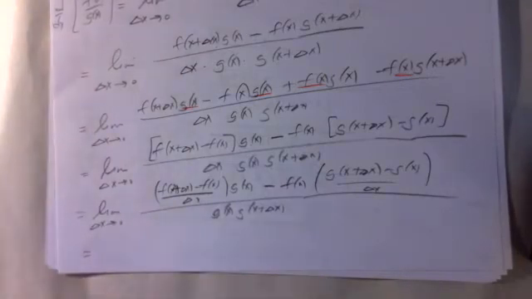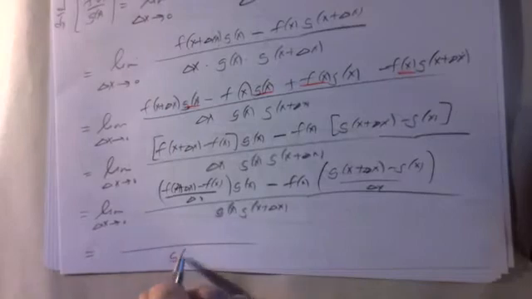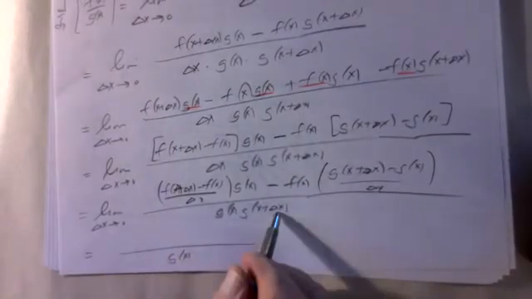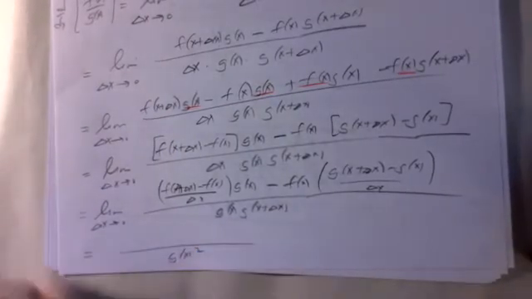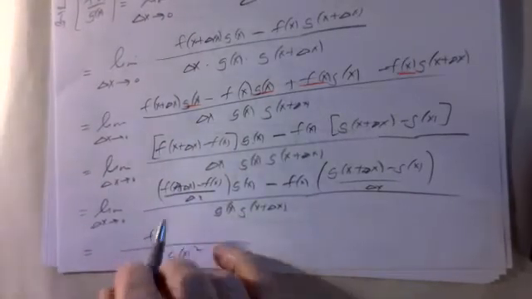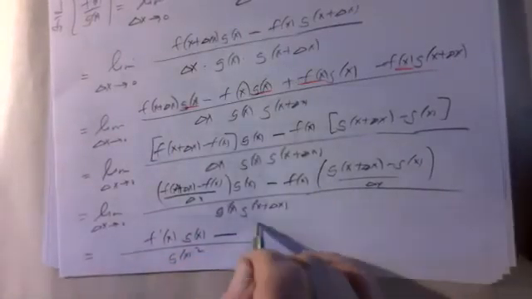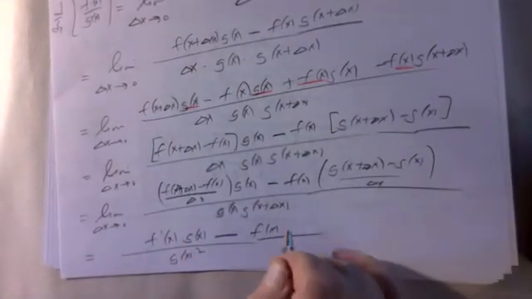And now what happens as delta x goes to 0? As delta x goes to 0, x plus delta x goes to x, so in the denominator I get g of x squared. This is the derivative of f times g minus f times the derivative of g.